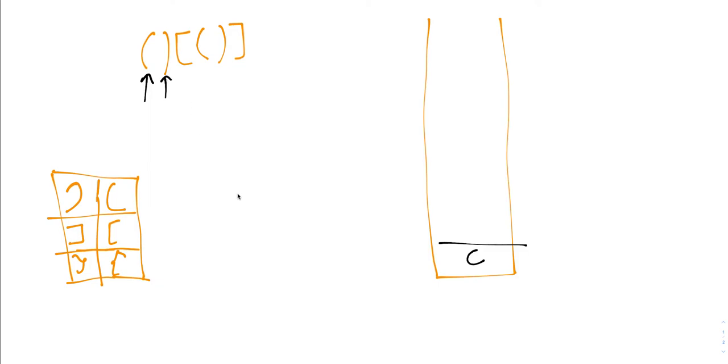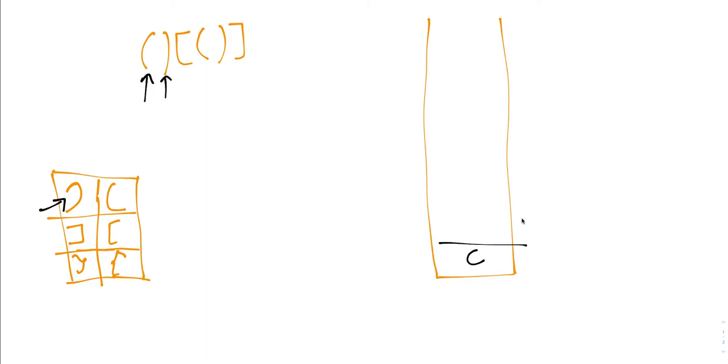We go to the next element. Here we have a closing parentheses. We check the map and we see that it's actually a key in my map. Now we need to do some checks. We need to check if the stack is empty. Here, the stack is not empty, so we're good.